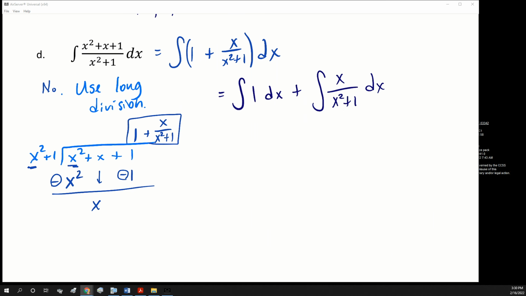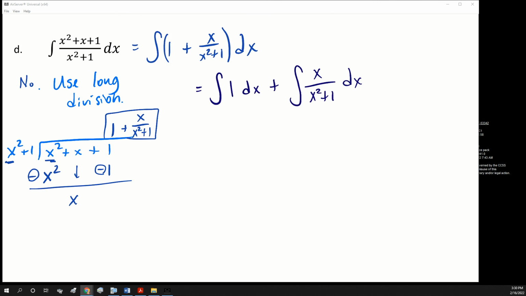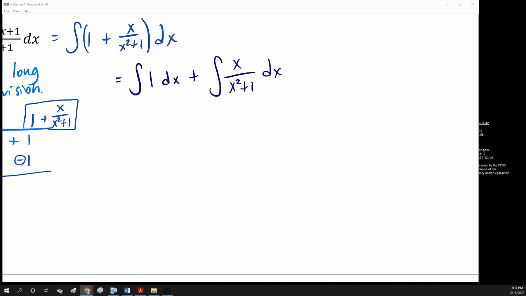Now before, I was talking about the situation where it was a number over linear. We could just skip over and not do U substitution. This is not one of those cases. So on this one, we're going to have to do U substitution.